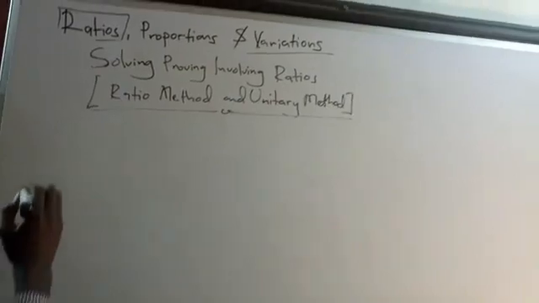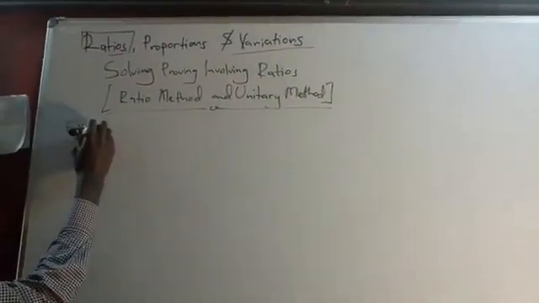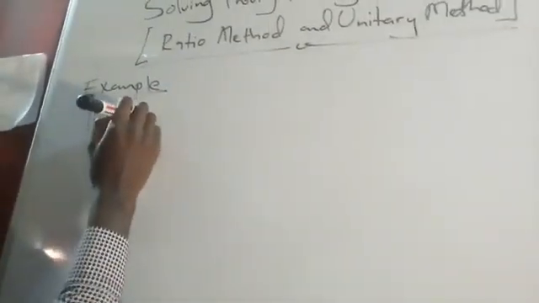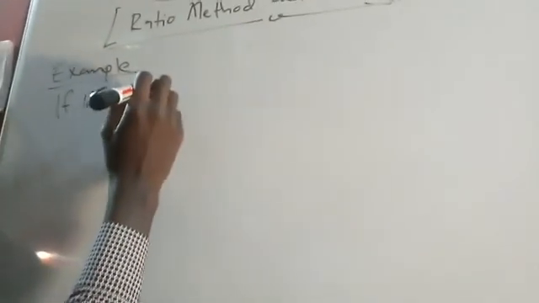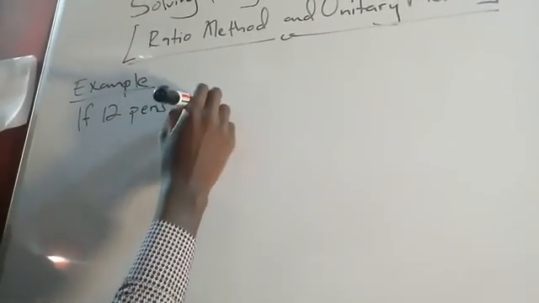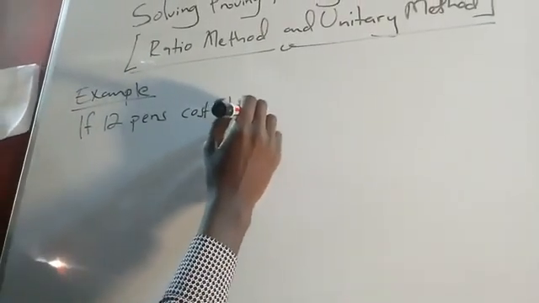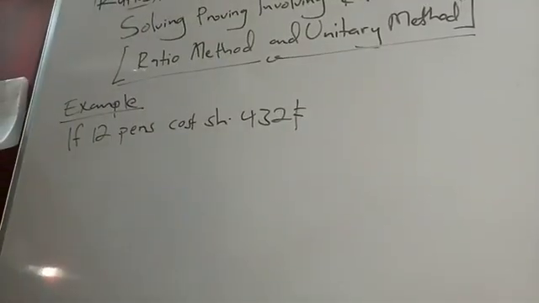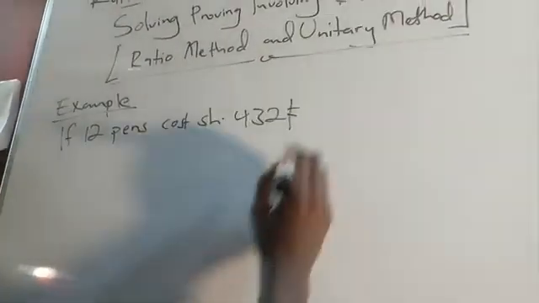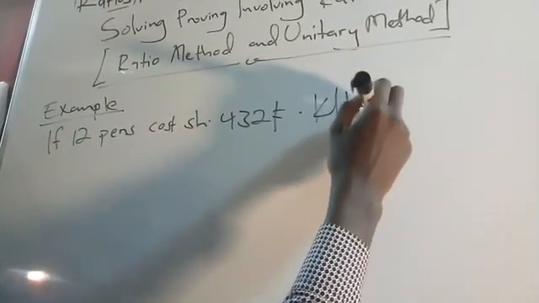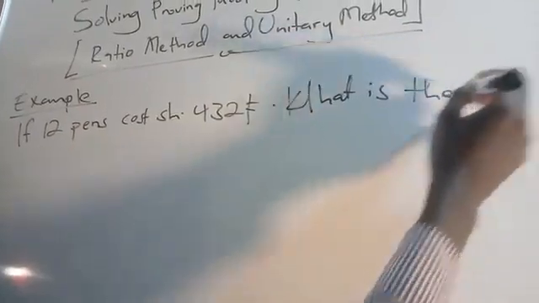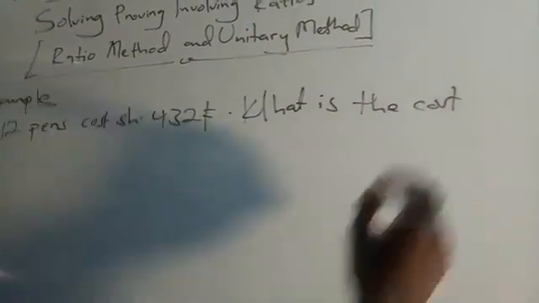Example. If 12 pence costs shillings 432, what is the cost of 21 pence?